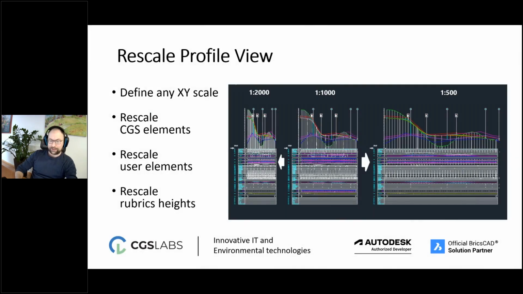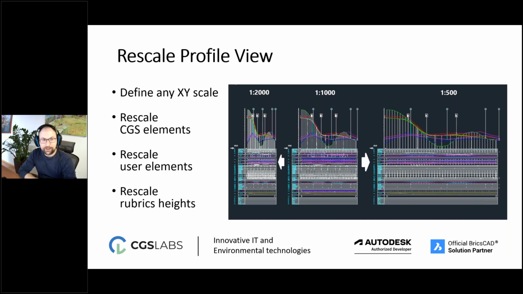So let's go right into the enhancements that we made. The first big thing that we included in this release is the rescale function for the longitudinal profile, so for the profile view. Here are some different options that are available to the user.